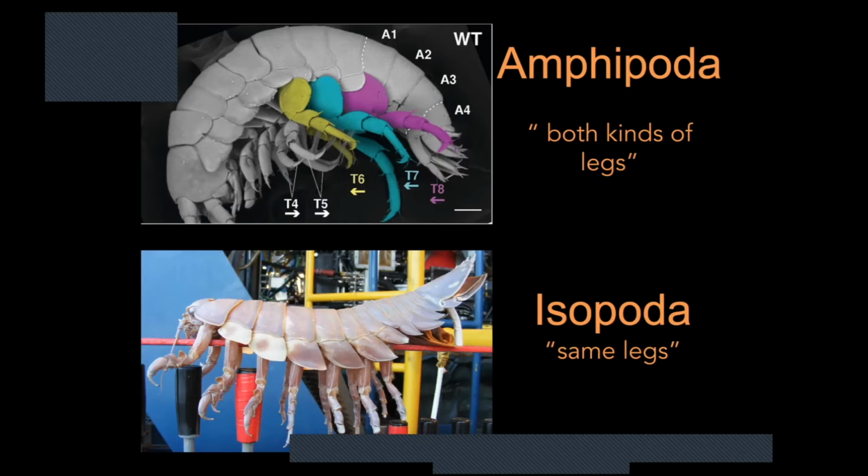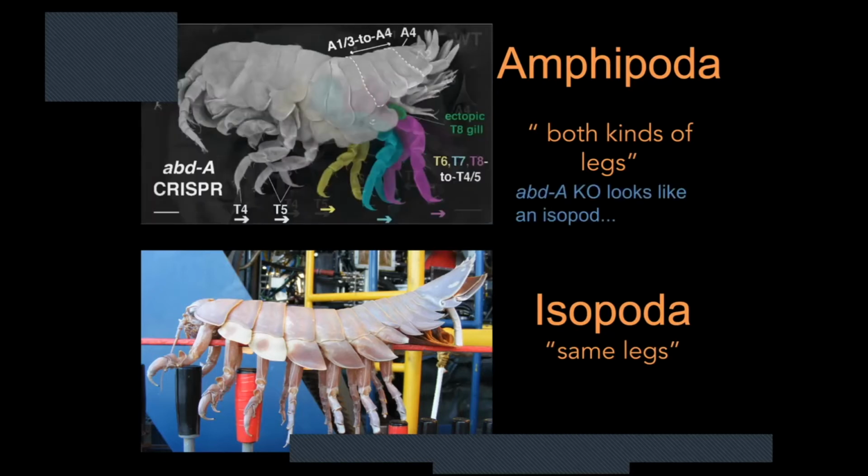And with this knockout, with the removal of this protein, which was kind of a brute force experiment because we removed the protein everywhere, so I don't think evolution works this way, we pretty much generated, from the perspective of leg morphology, an isopod. So it's scratching the surface of the iceberg, but that's the idea.